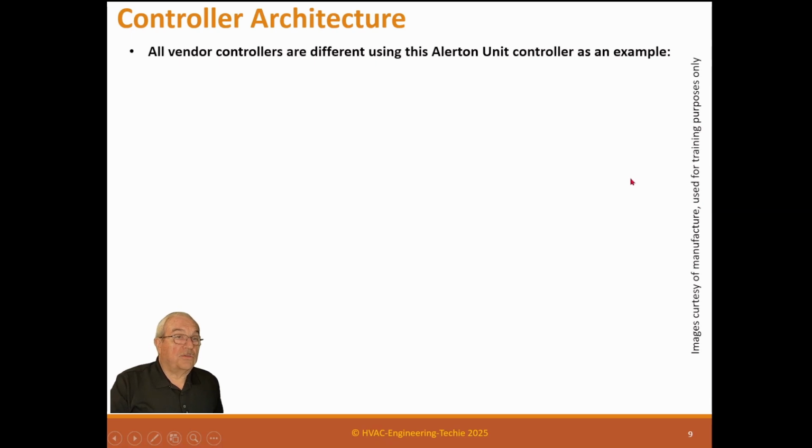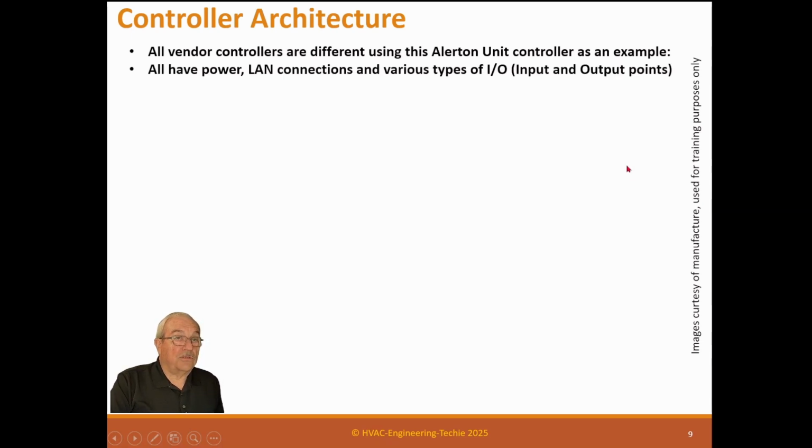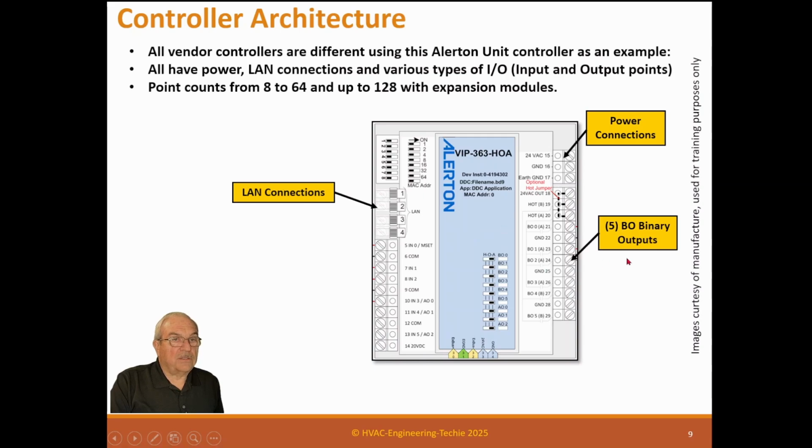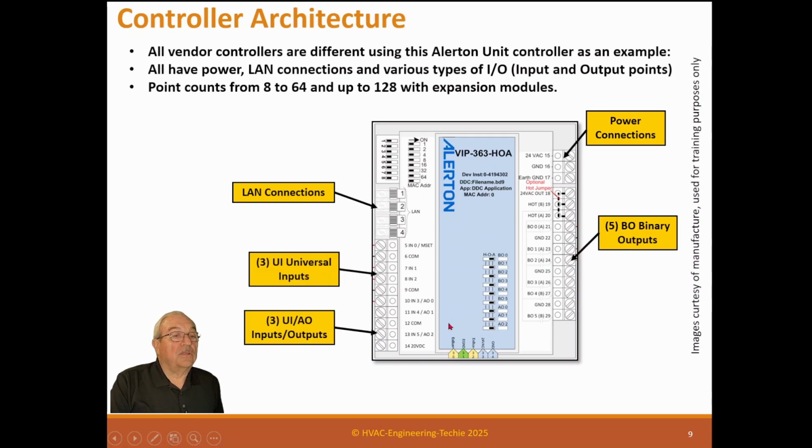All vendor controllers are different. Using this Allerton unit controller as an example, all have power, LAN connections, and various types of I/O input and output points. Point counts are from 8 to 64 and up to 128. And this again is one of these smaller unit controllers. This is the LAN connection. This is the power connection. 5 BO binary outputs, 3 universal inputs, and 3 UI-AO outputs.